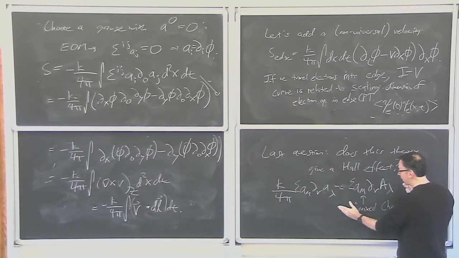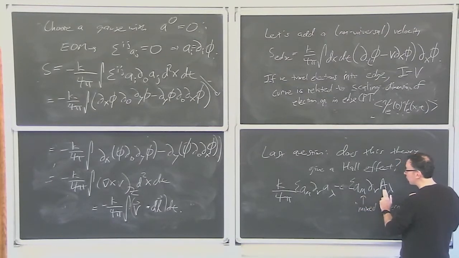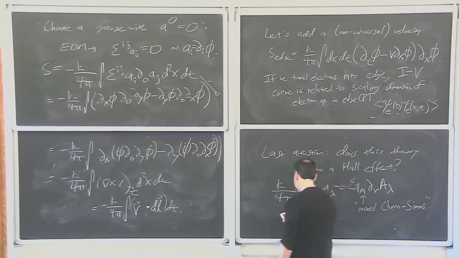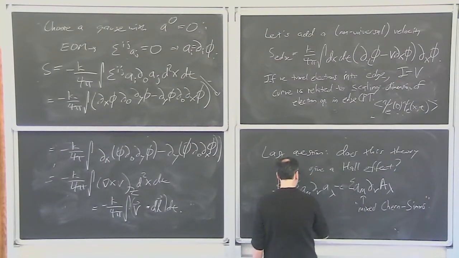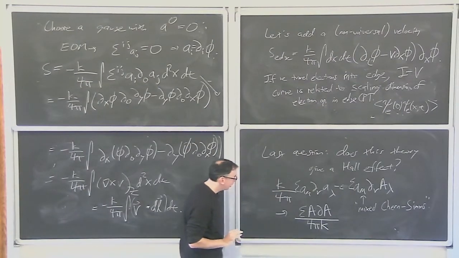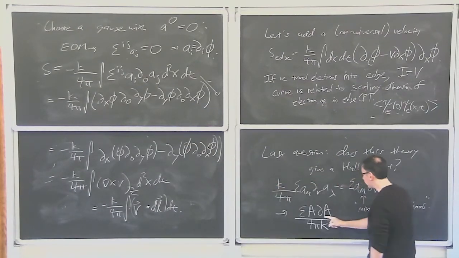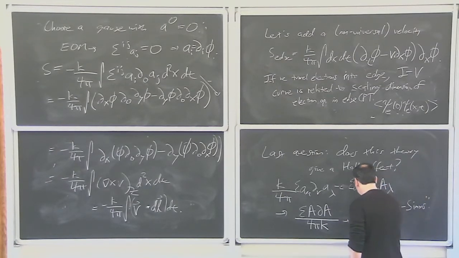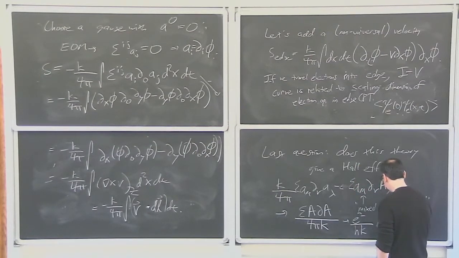I can complete the square, and I'll get terms with two big A's, except that in integrating out, I'll get a 1 over k. So this will give me something like epsilon A dA, except now k is in the denominator. Let me just finish one second. This is the term I first introduced for Chern-Simons. This corresponds to a Hall effect that is e squared over hk once I put the units in correctly.